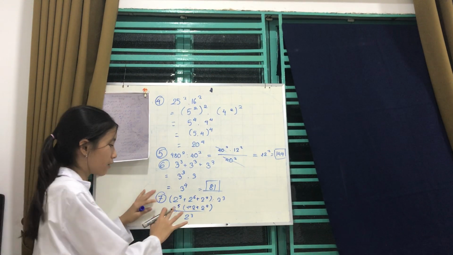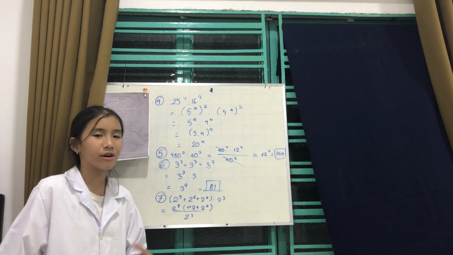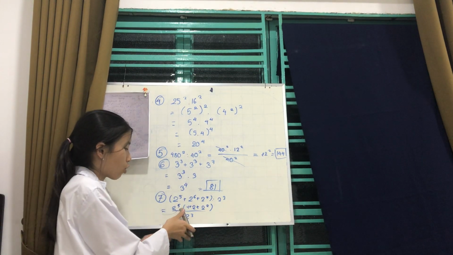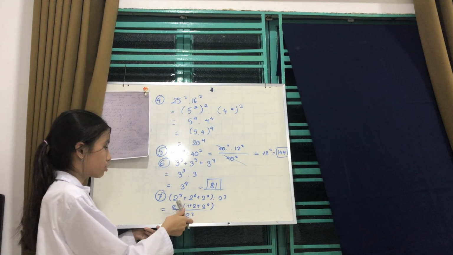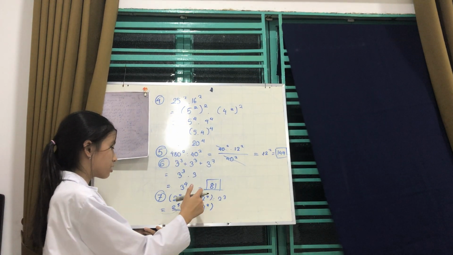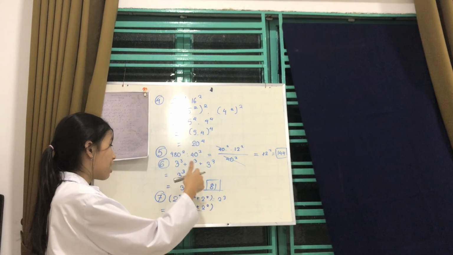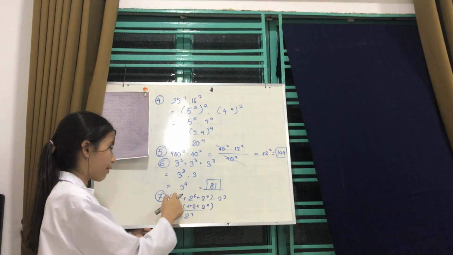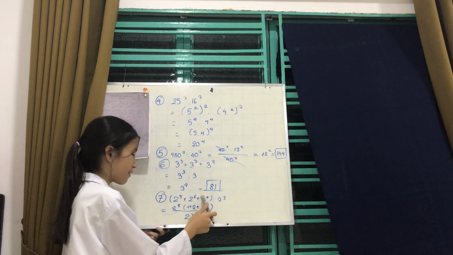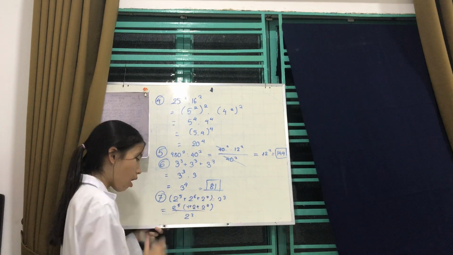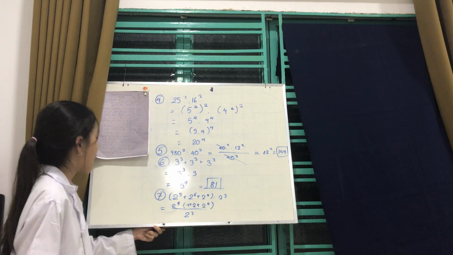Firstly, if we use the distributive property, this will equal 2 to the power of 5 times 1, which is 2 to the power of 5. 2 to the power of 5 times 2 is 2 to the power of 6. And 2 to the power of 5 times 2 to the power of 2 is 2 to the power of 7. And then we divide it all by 2 to the power of 3.